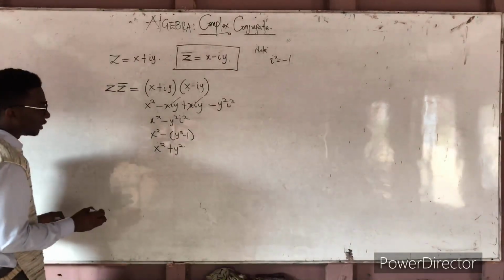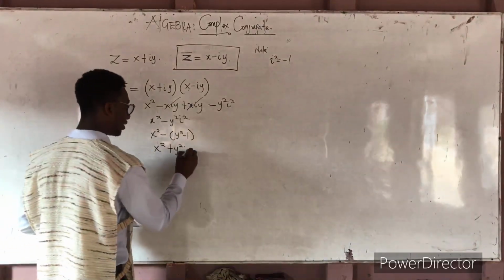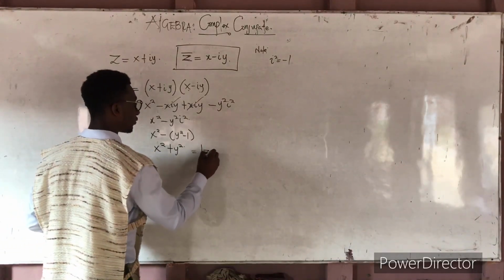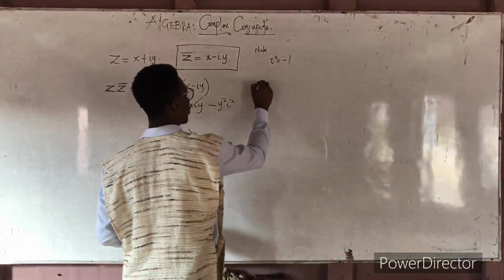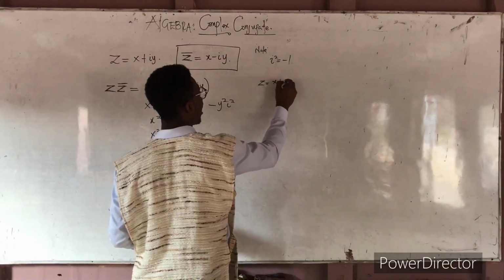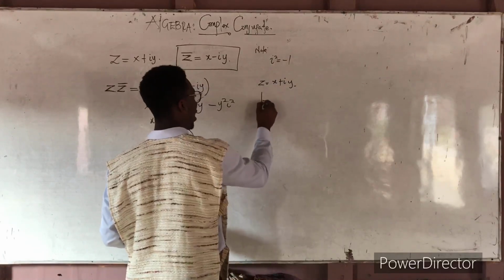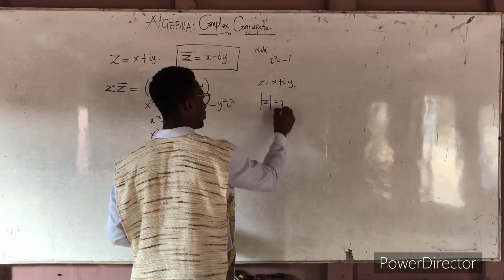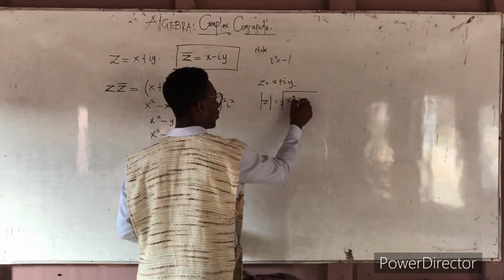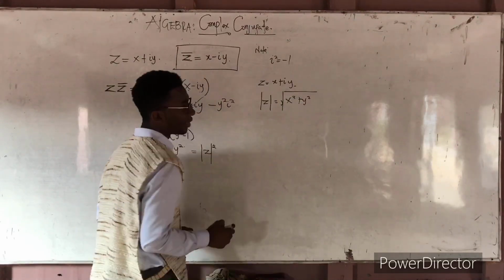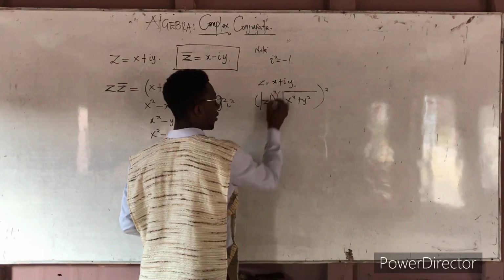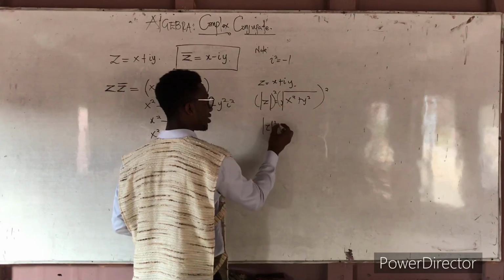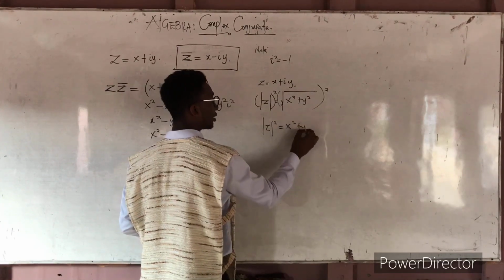And anytime you do this, you realize that this is the same as the square of the modulus of the complex number. Because if I have a complex number x plus iy and I want to find the modulus, it gives me the square root of x squared plus y squared, and if I square both sides, I get x squared plus y squared.